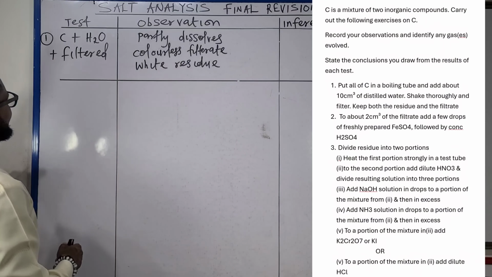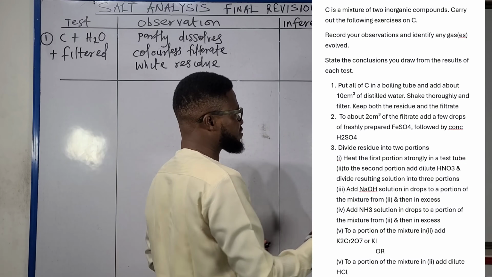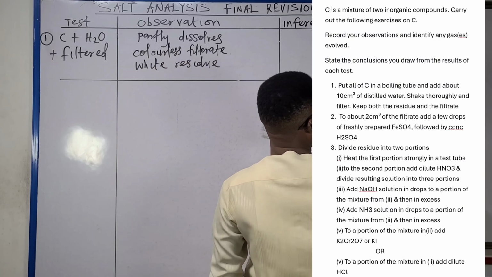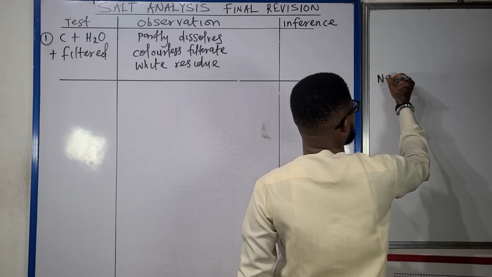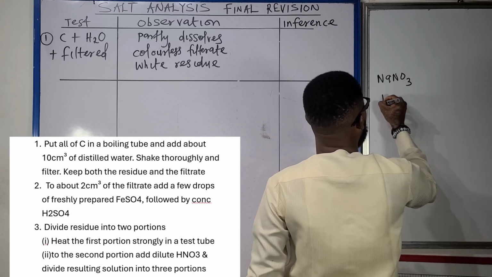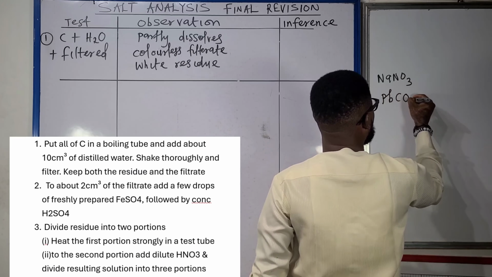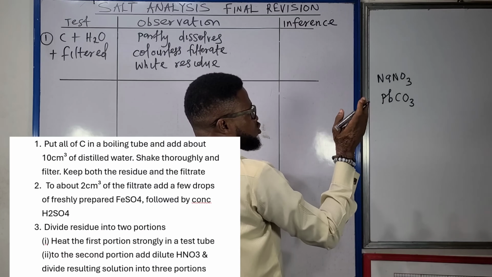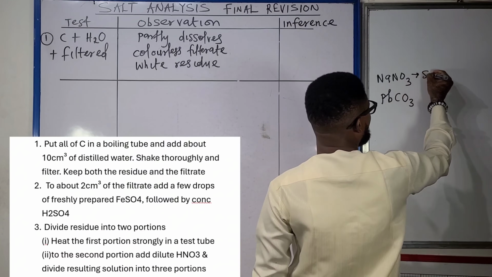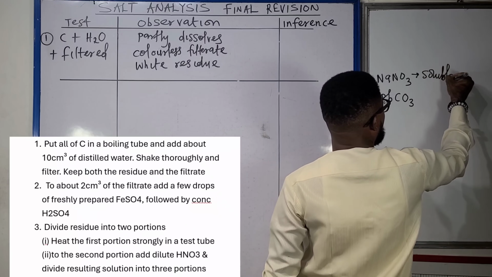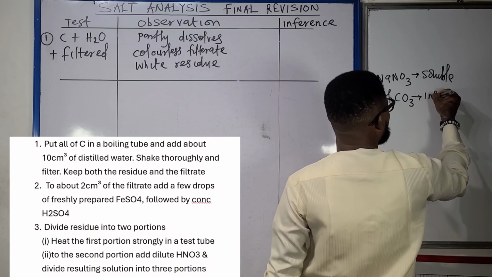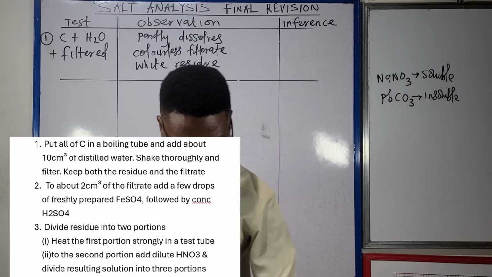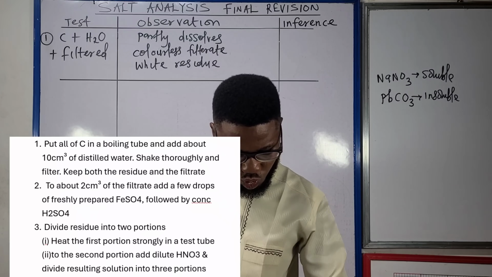Knowing fully well that after the double decomposition reaction, or what you call double dissociation, we ended up having sodium trioxonitrate(V) and lead trioxocarbonate(IV), at that point we knew quite well that this was soluble and this is insoluble.